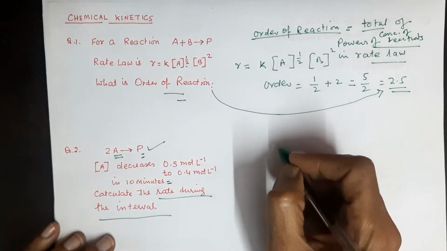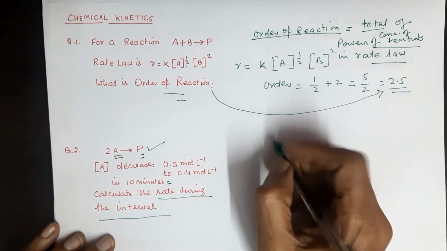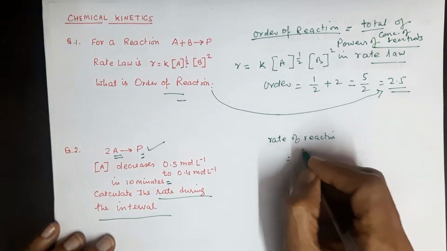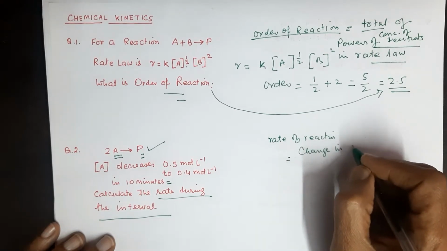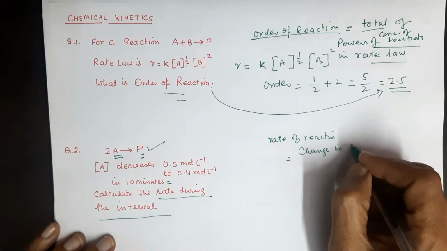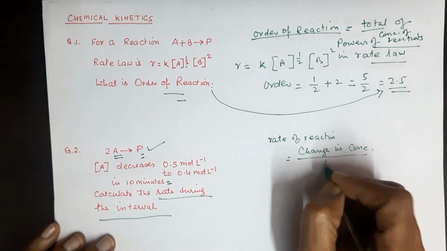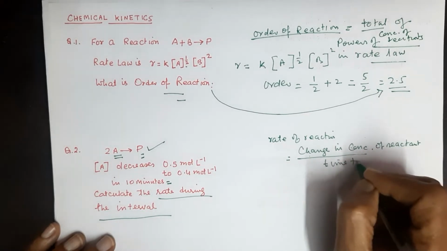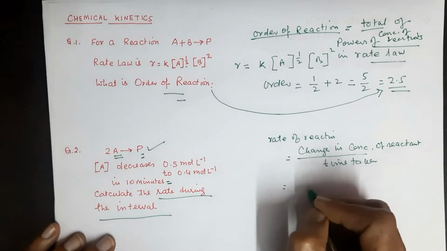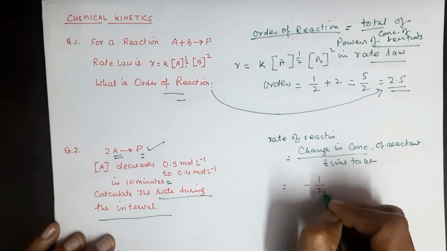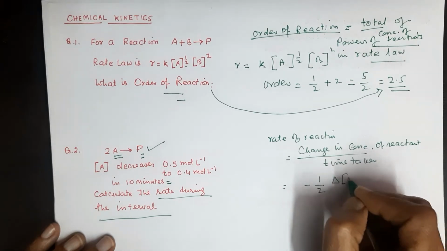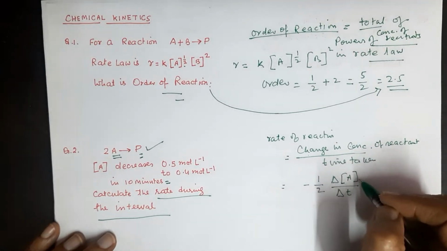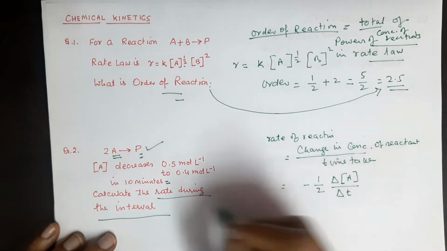See, here rate of reaction is equal to change in concentration of reactant divided by time taken, and this will be equal to minus half delta A divided by delta T. Decrease in concentration of A divided by time taken, and minus half.